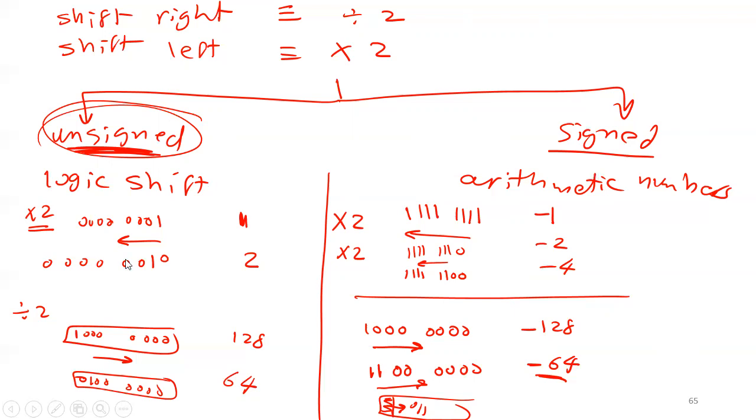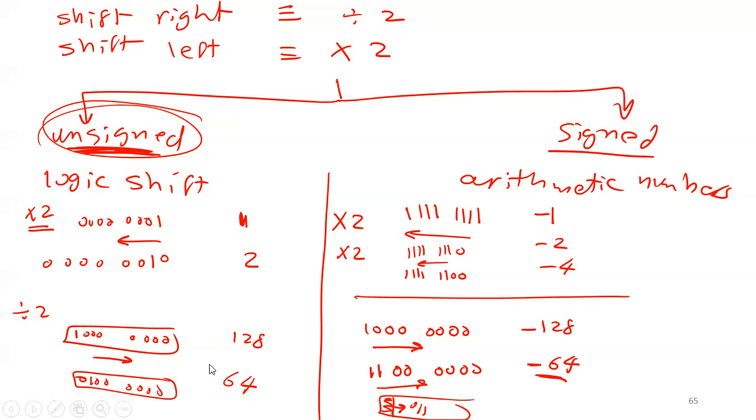Look at this example. If you have this number 100, and this number is again unsigned, if I shift left, so now it was 1, now it is 2. You multiply by 2, right? Now this number, it is not a negative number because it's unsigned, so it has to be 128. When I shift right here, I'm going to divide it by 2.